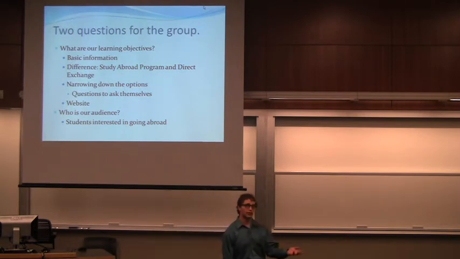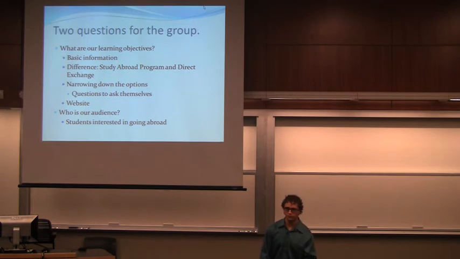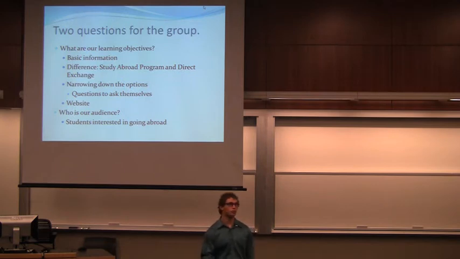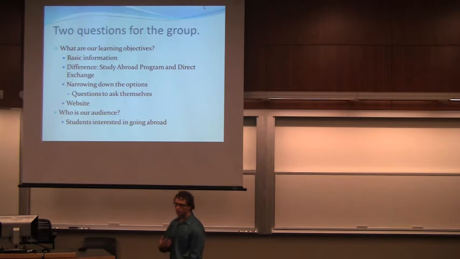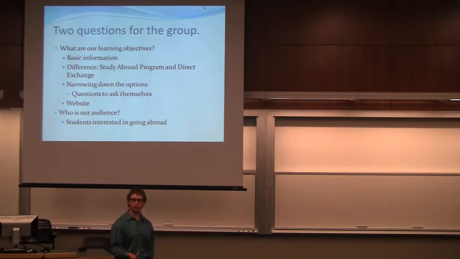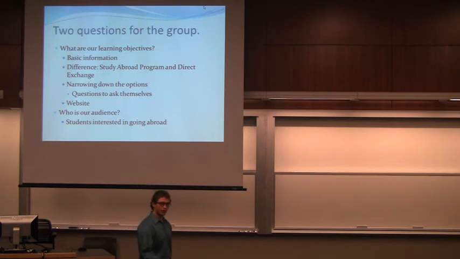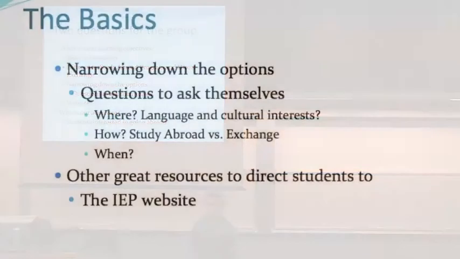Is there a country in particular that you have an interest in? Do you want to go with a group of friends? Do you want to know the students that you're studying with? Or would you rather be independent and go on your own to a university? Questions such as these can really help a student start to identify where they want to go, how they want to go there, and why they want to go there.